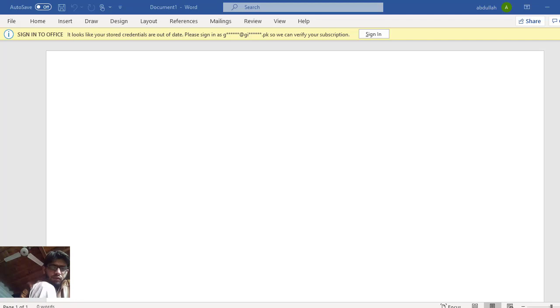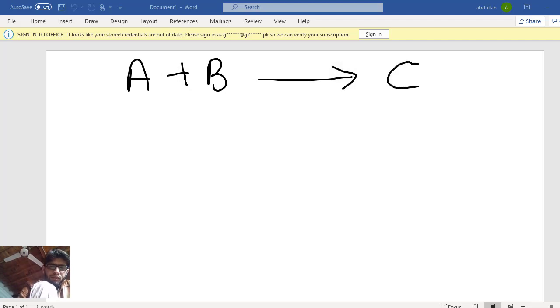Now what is an elementary reaction? Suppose a reaction in which A plus B combine and form C. Now what is the rate law for this reaction?